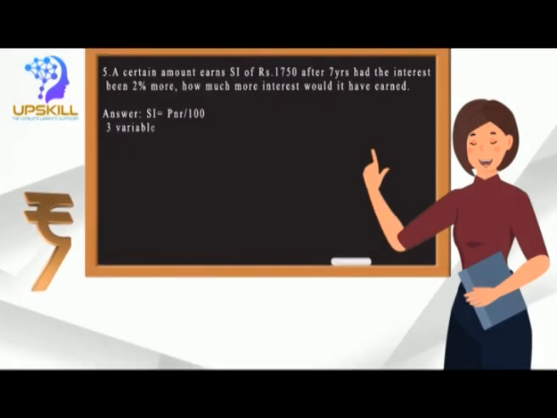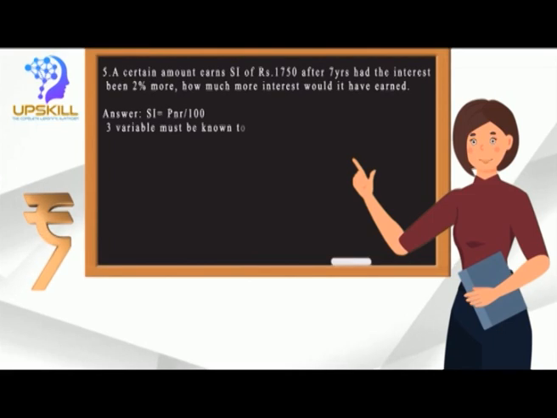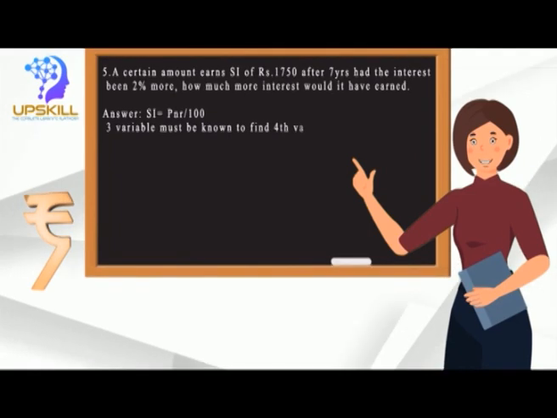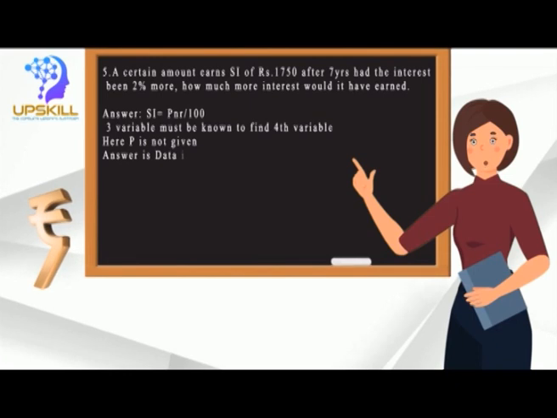Now the fifth question. A certain amount earns simple interest of rupees 1,750 after 7 years. Had the interest rate been 2% more, how much more interest would it have earned? We know that simple interest is equal to PNR by 100. So at least 3 variables must be known in order to find the fourth variable.